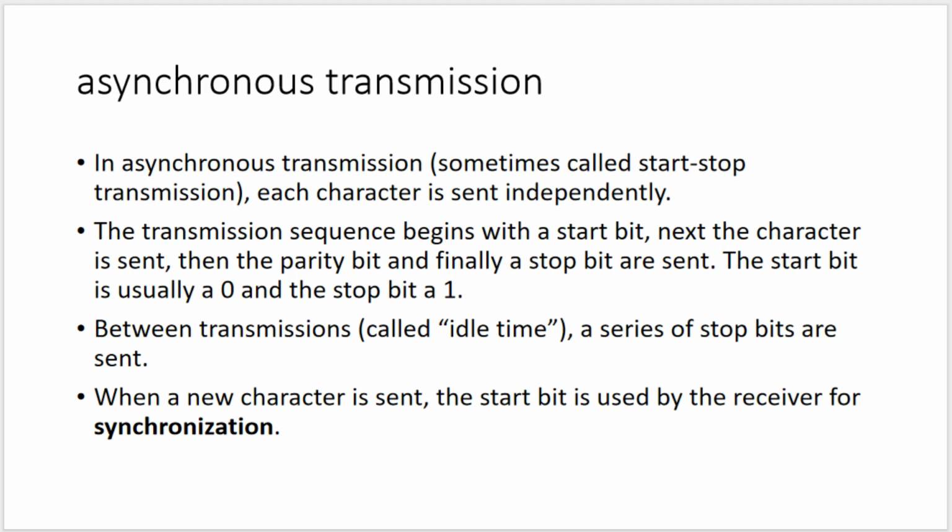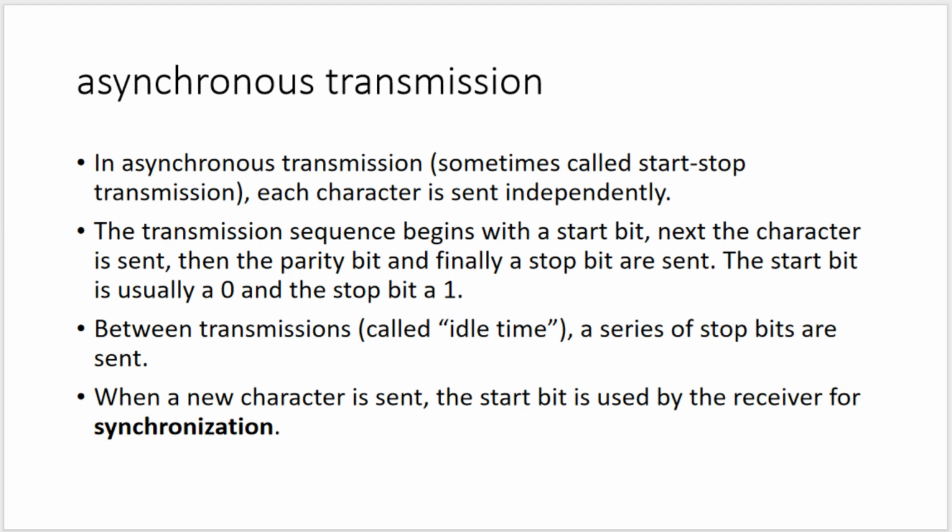The transmission sequence begins with a start bit, next the character is sent, then a parity bit and a final stop bit are sent. The start bit is usually 0 and the stop bit is 1. Between transmissions, called idle time, a series of stop bits are sent. When a new character is sent, the start bit is used by the receiver for synchronization.